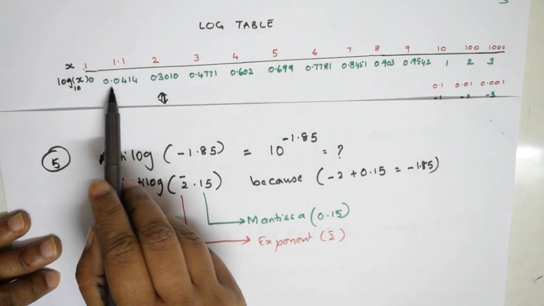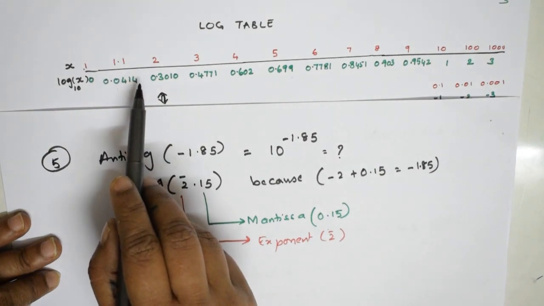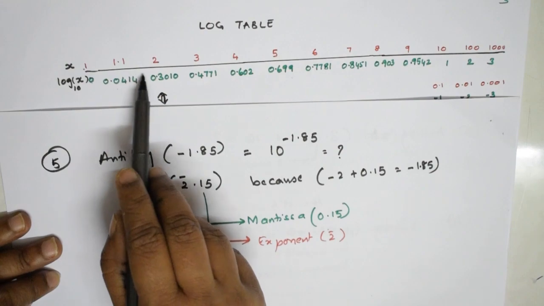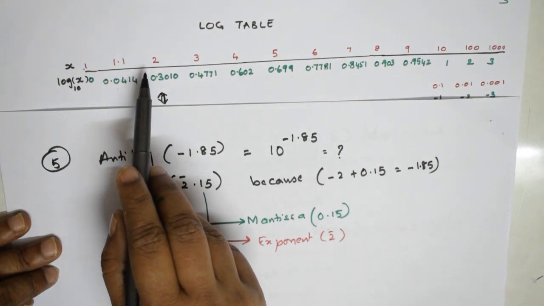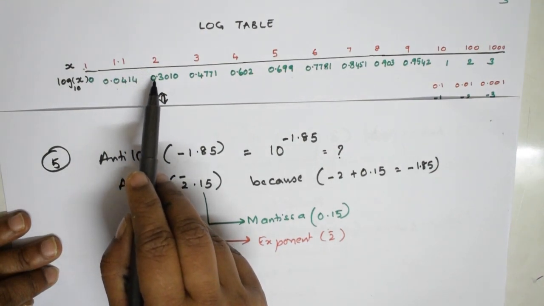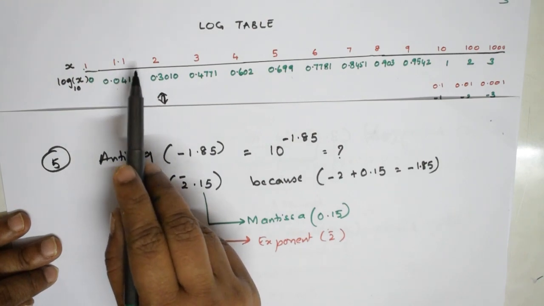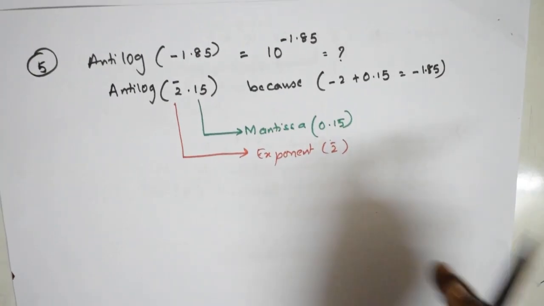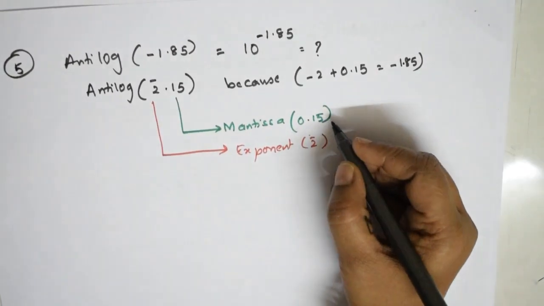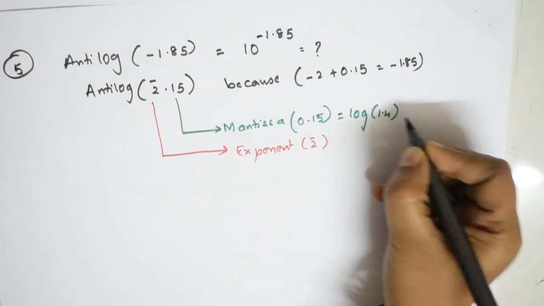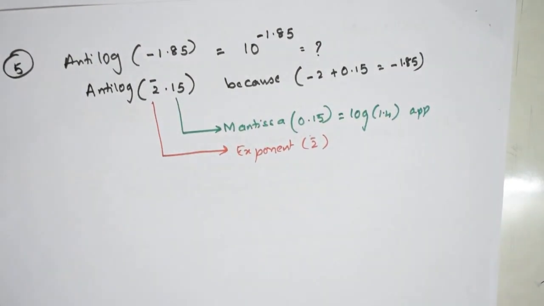So 0.04, 0.05, like that, the value almost lies in between these two. So I can take the value as 1.4, correct? Because if I go to 2, it will become 0.3. It is too much. So the value lies between these two. So I'll take this 0.15 value equal to log 1.4 approximately, right?